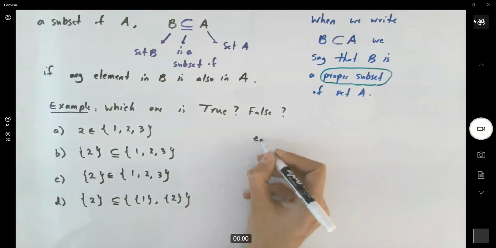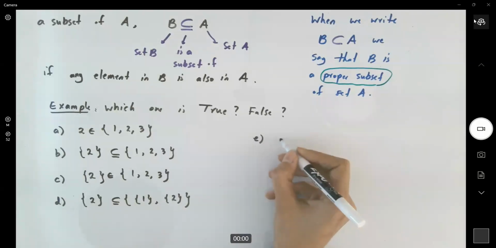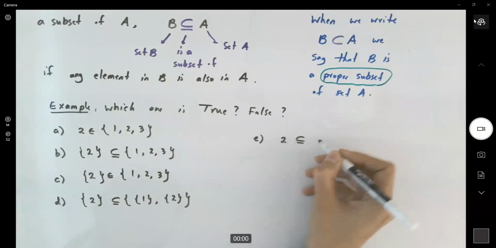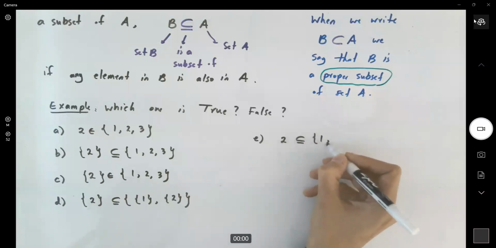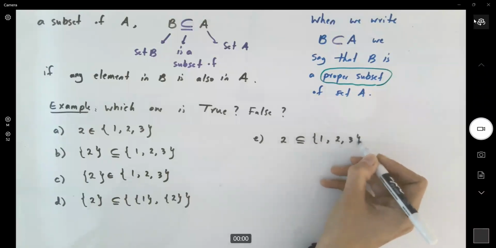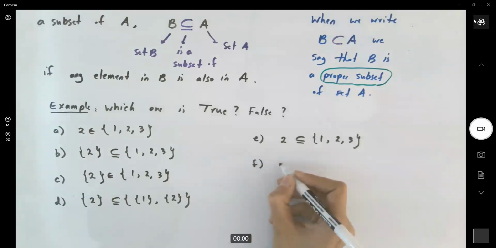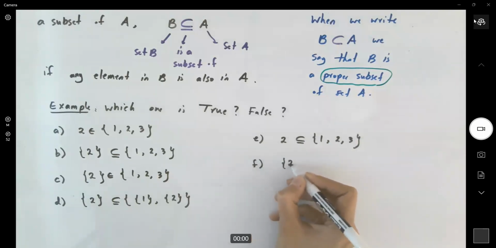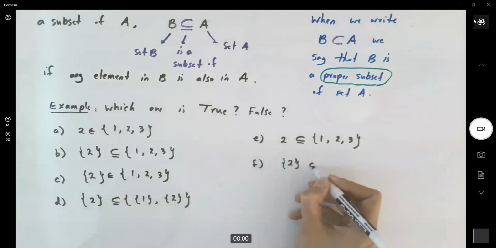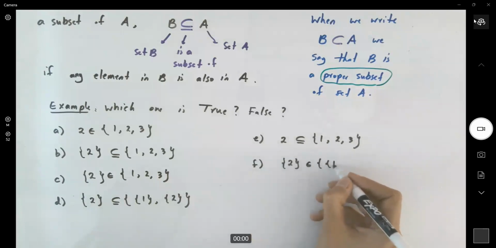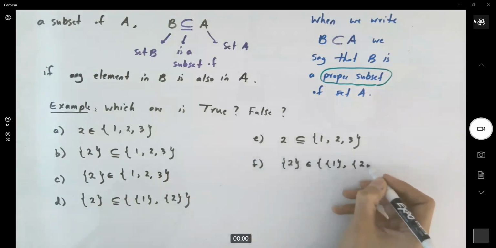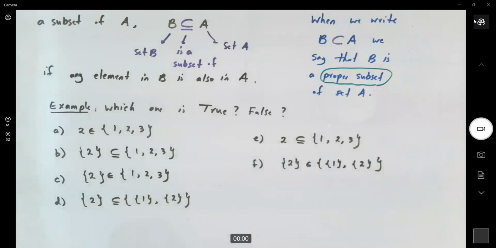E, it says, well, 2 is a subset of the set including 1, 2, 3. And F, it says the set including 2 belongs to the set including 1 and the set including 2.